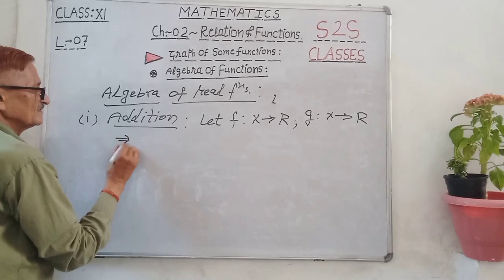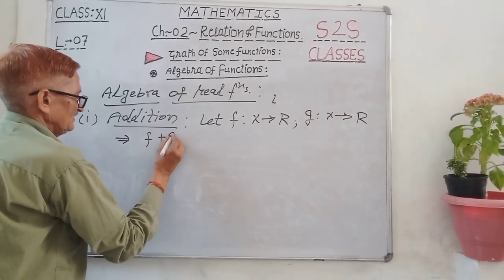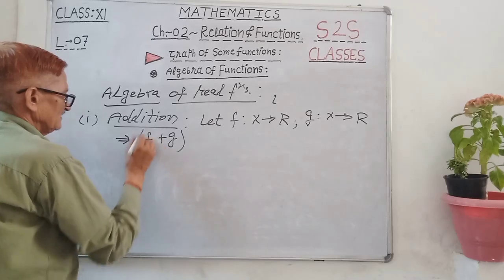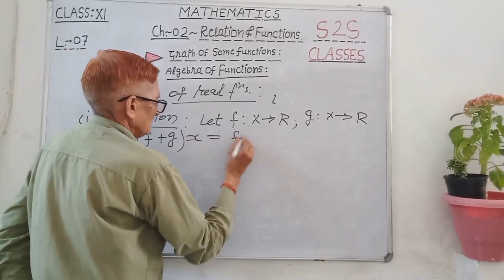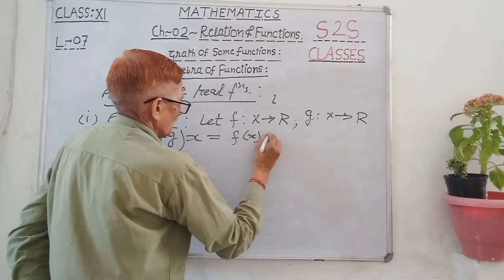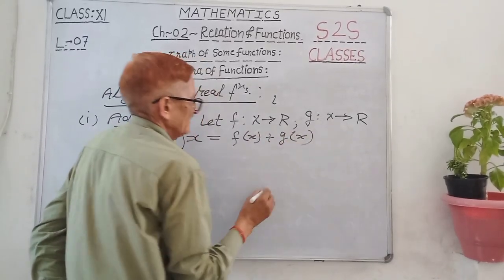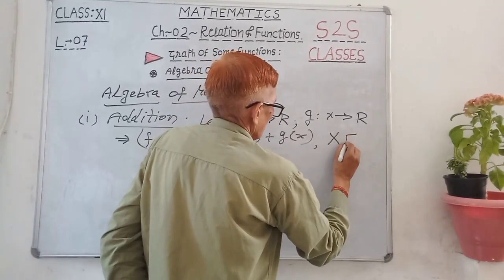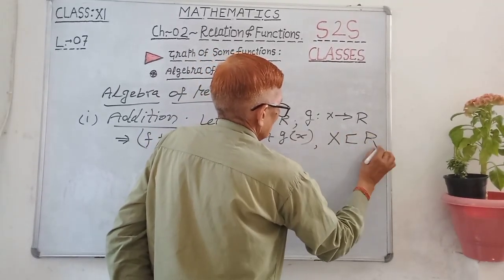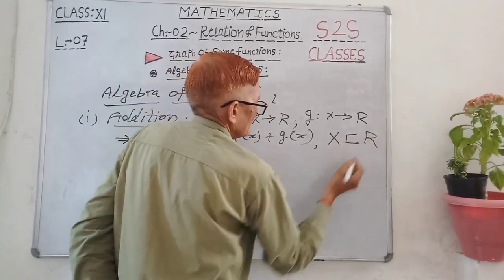This implies f plus g, if we add, will be equal to f(x) plus g(x) simply, and X is a subset of real numbers. Okay?